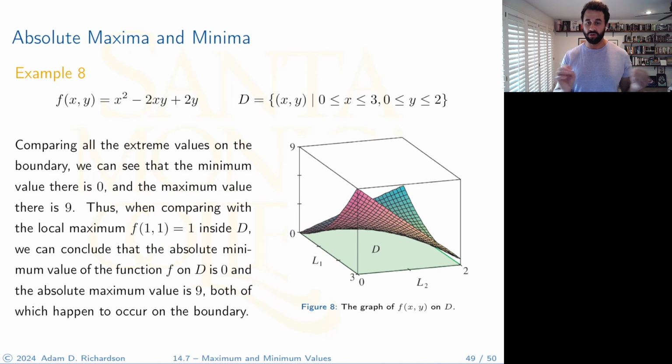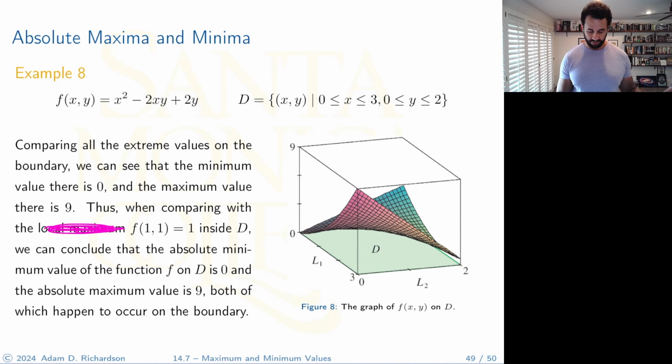Actually, let me be sure, it's not a max or a min, so I've got to fix that too. I shouldn't say that, I should just say a critical number, or critical point. But the number we got there was 1, so that's not less than 0, and it's not greater than 9.